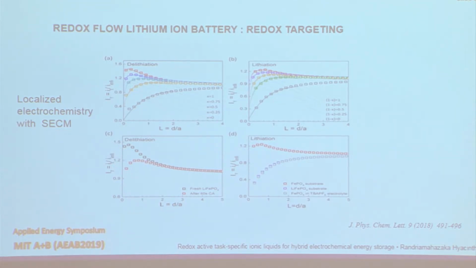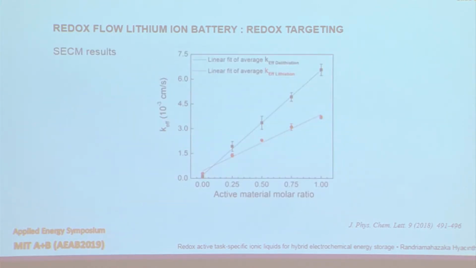And after that, we do some calculation. I have no time to explain the calculation in detail, but by means of this kind of calculation, we are able to determine some kinetic parameters. And we show that we observe a linear variation of the effective rate constant as a function of the ratio of active materials.